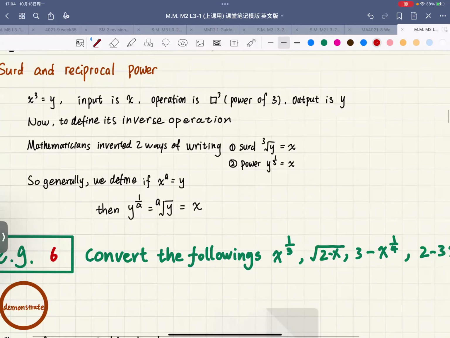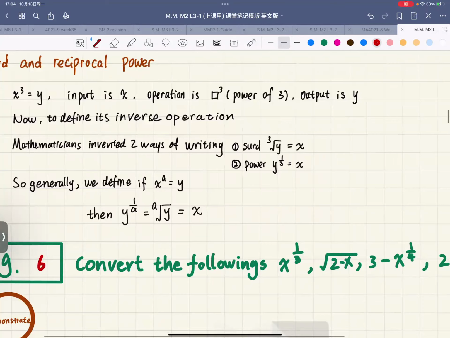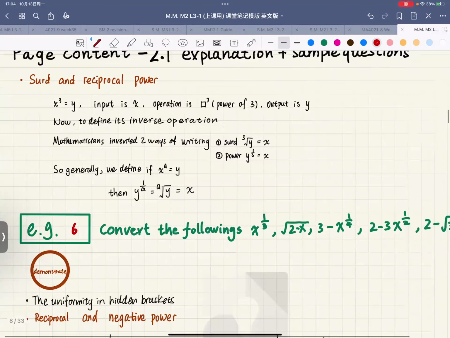One is the cube root, the second is the power. Basically, the cube root of y is equal to x, or y to the power of 1/3 is equal to x. That's the formula. Any question about the formula? No? Basically, that's the thing you need to memorize.